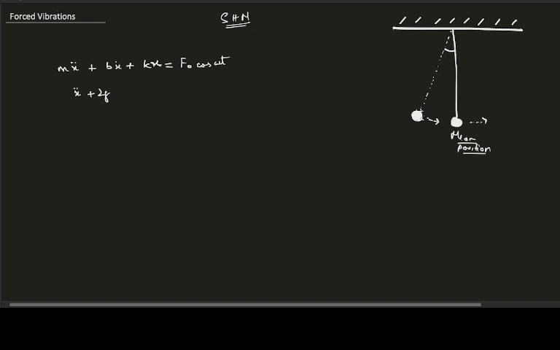If you can't recollect why the 2 gamma, please go and watch the previous video, you'll get the context. Plus omega naught squared x, where omega naught is root of k by m, is equal to F naught by m cosine omega t. Here F naught is the driving force amplitude, and F naught by m is the driving acceleration amplitude. We are now in terms of acceleration in this equation.